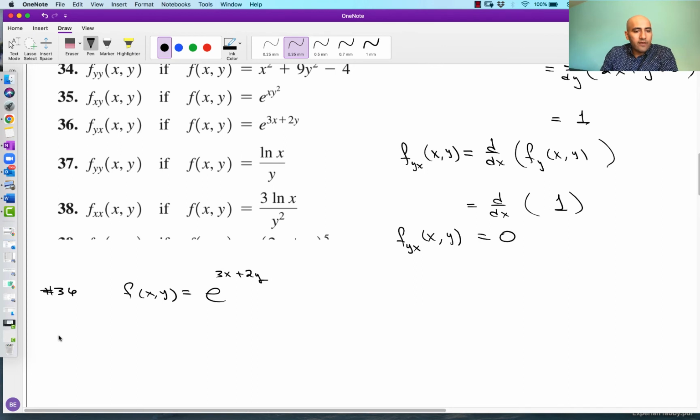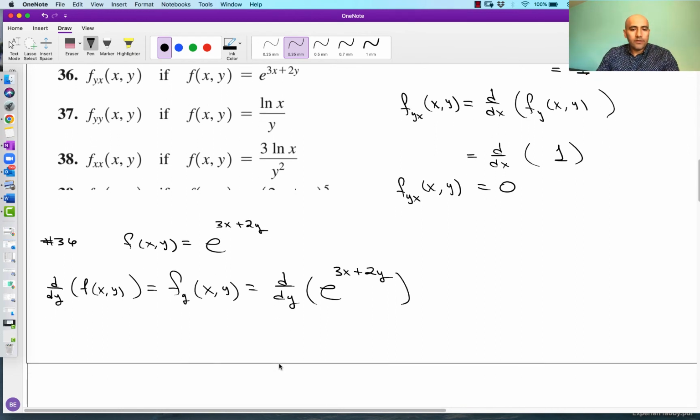So first we got to find the derivative with respect to y on our function f of x comma y, right? So this is the same thing as f sub y of x comma y, which is the same thing as the derivative with respect to y on our function, which is e to the 3x plus 2y.